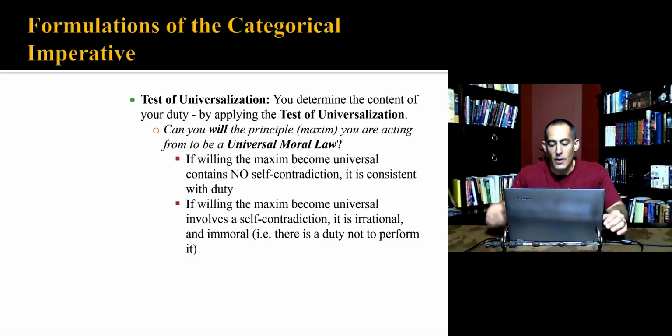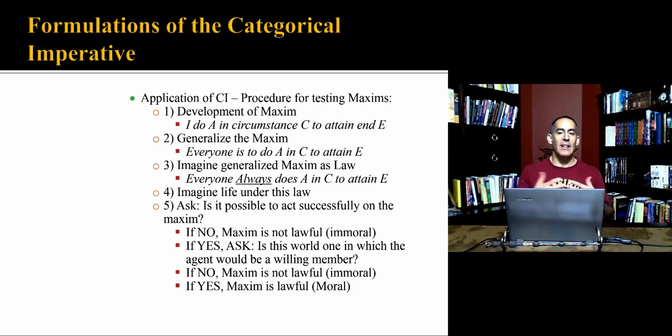If willing your maxim to be a universal law does involve some kind of self-contradiction, then it is irrational and therefore immoral. So what I'm saying is, whatever maxim you come up with, whatever personal policy or behavior you come up with, you need to figure out if universalizing it, making it a law that everybody has to follow, is going to result in a problem. So let me walk you through how this is done.